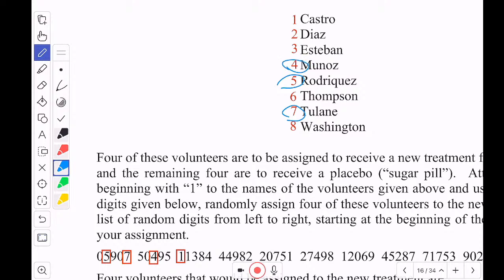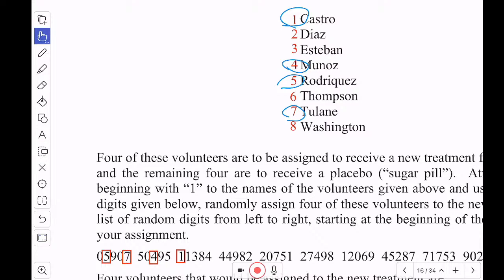And then 9's not there, 5 is already chosen, and then finally 1. So we are not replacing the candidate into the pool, right? We're keeping them out because of the experiment that we're conducting. Once they're in the experiment, I mean, we don't want to use them twice.